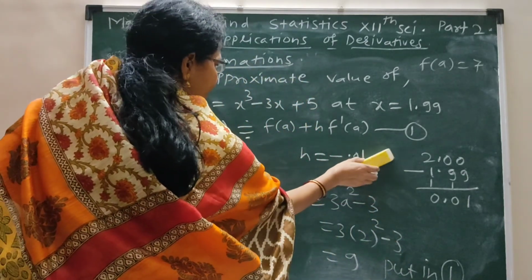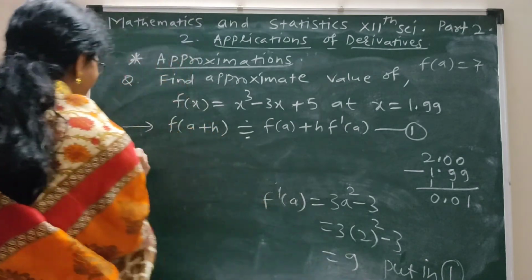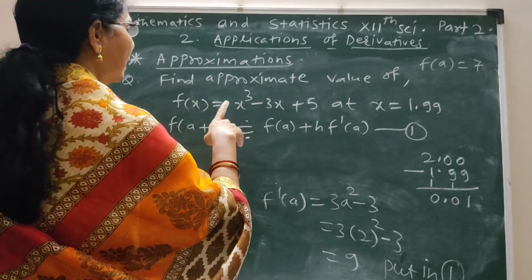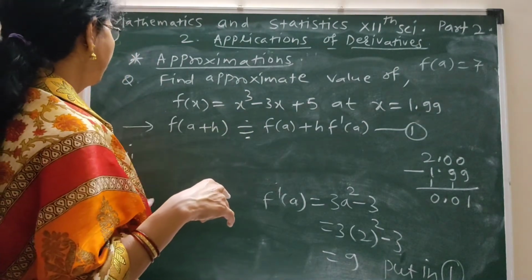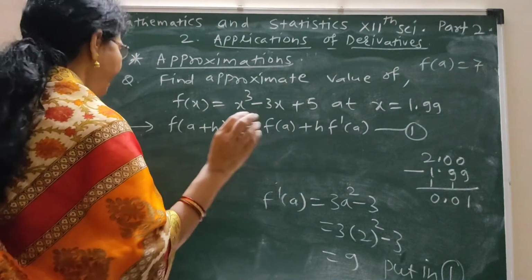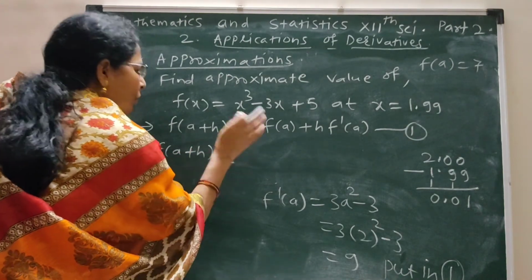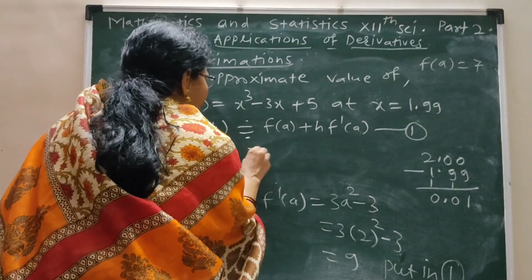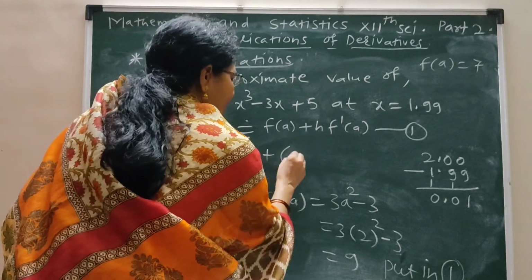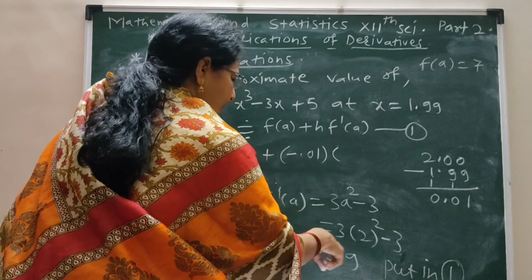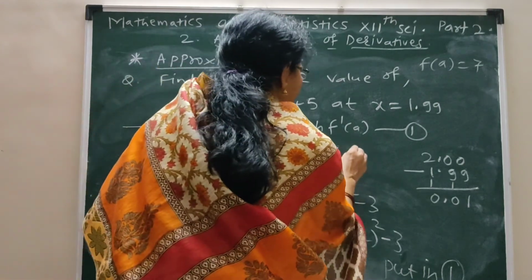h is minus 0.01. So f of a plus h is nearly equal to f of a, which was 7, plus h, which was minus 0.01, times f dash, which is 9.